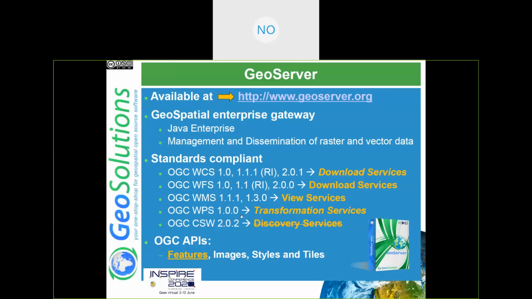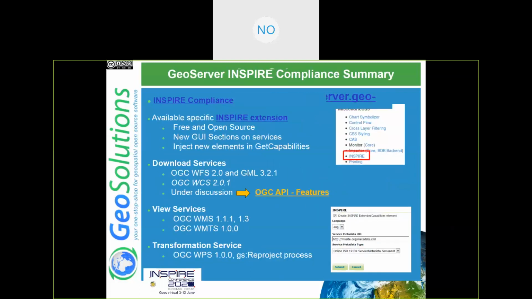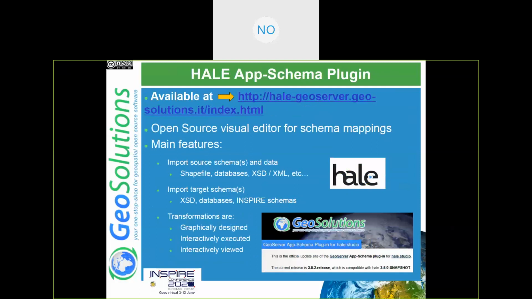In terms of transformation services, the WPS reprojecting service can be used. Some work is still needed on the discovery services side to make it fully compliant. There is also a new ongoing line of work to make the GeoServer OGC APIs implementation, specifically the features ones, capable of serving data that respects the INSPIRE requirements.